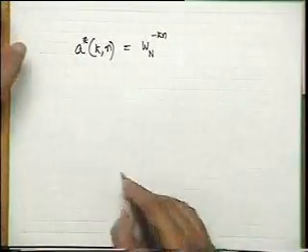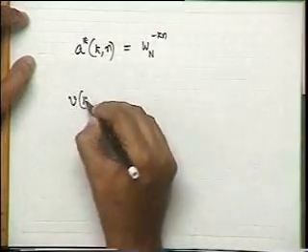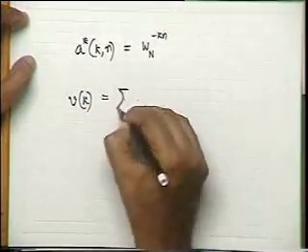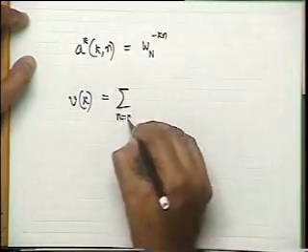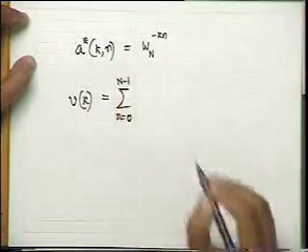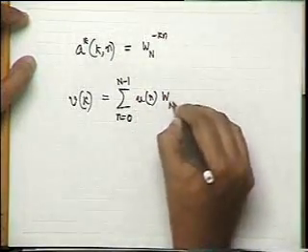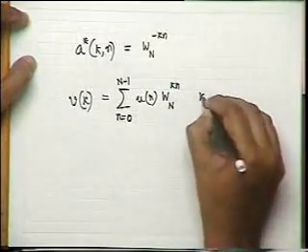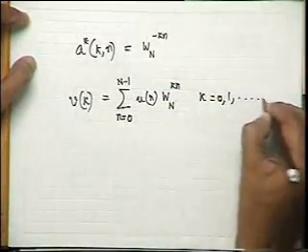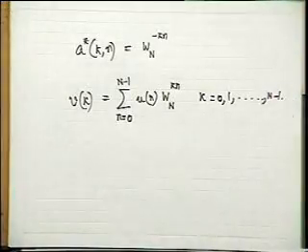Henceforth I will call them the transformation pair: Vk as summation n equal to 0 to capital N minus 1 of un W_N to the power kn, k equal to 0, 1, etc., up to capital N minus 1. This is called the forward transformation. That is, given a sequence un, we get the output sequence Vk.